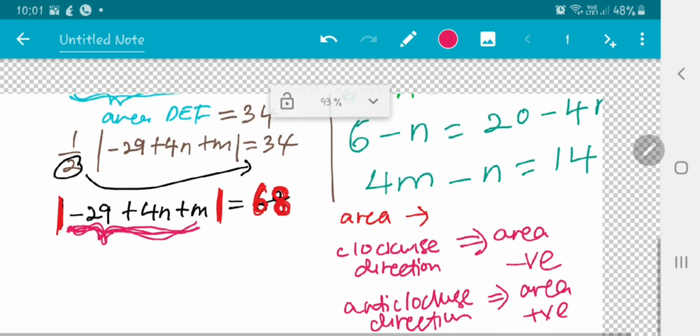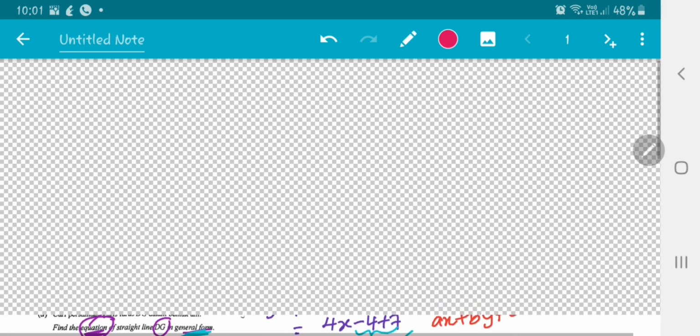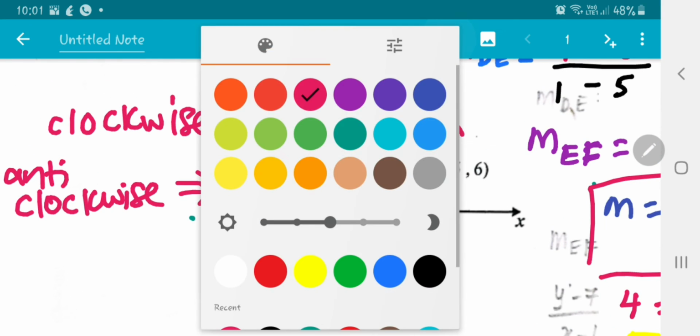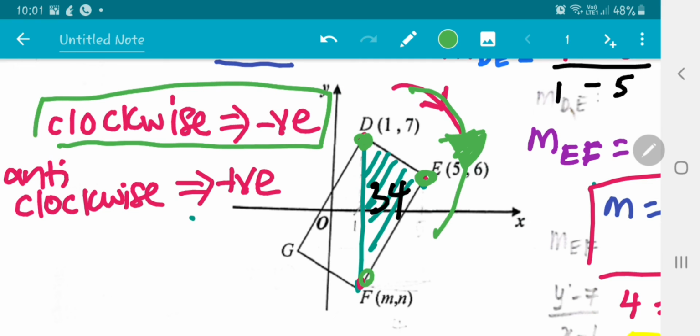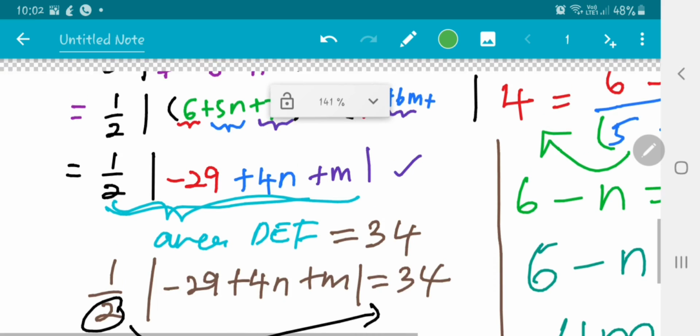So tadi kita susun D, E, F. Maknanya kita susun clockwise. Kita start dengan D, followed by E and then followed by F. So kita pergi this way, maknanya ini adalah clockwise. Bila clockwise, the terms dekat dalam modulus sign tu dia akan negatif. Maknanya kita pilih negative 68.